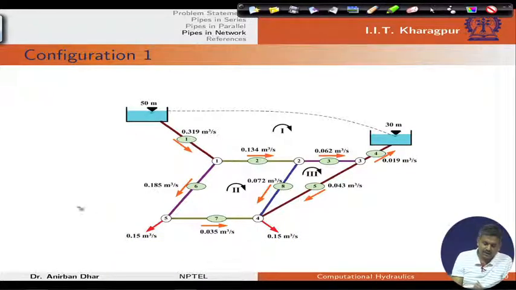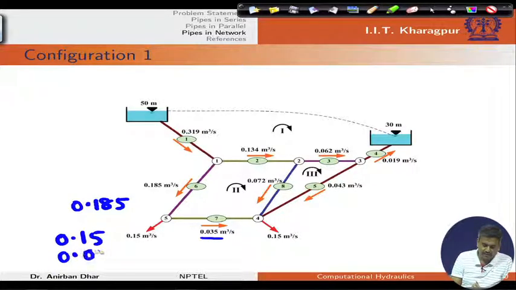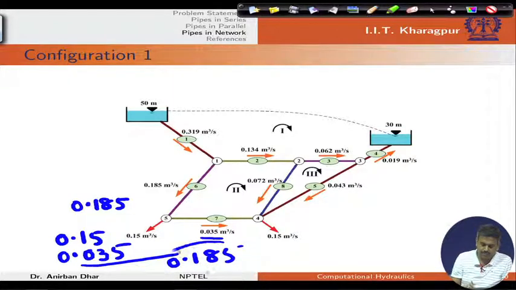Like in this case, 0.185 and this is 0.15, and on this side it is going like 0.035. So, if I add these two, I will get 0.185.